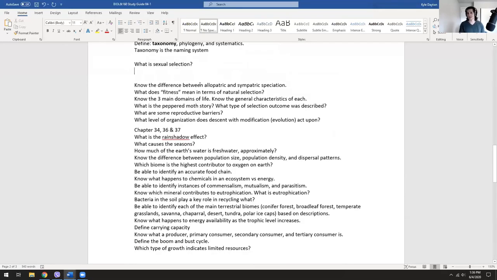All right, what's sexual selection? This is something that may actually kind of go against natural selection. So this isn't necessarily something that's going to contribute to survival. This is going to be something that just contributes to something's ability to reproduce, and that could just be like a peacock. What's their main, their display, the peacock's display.